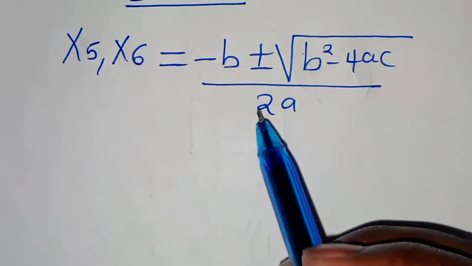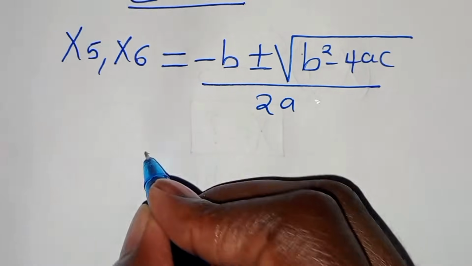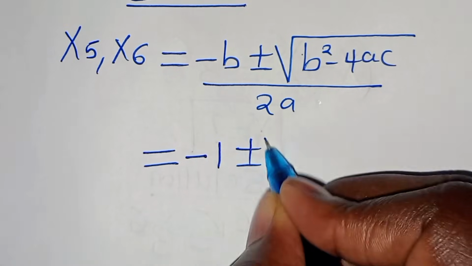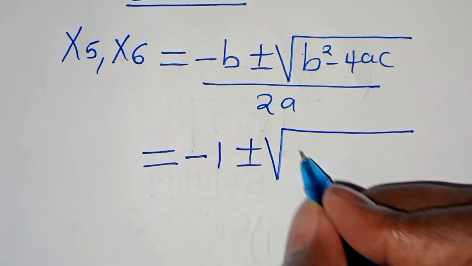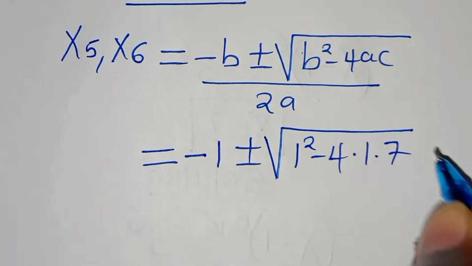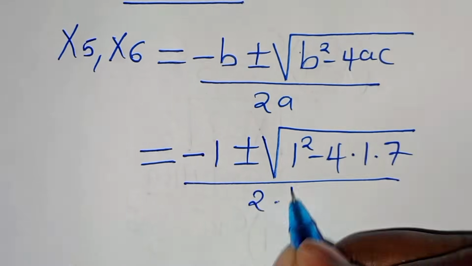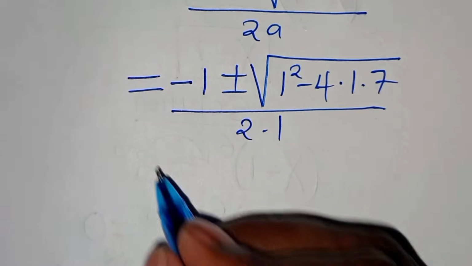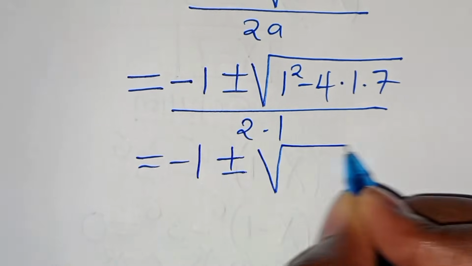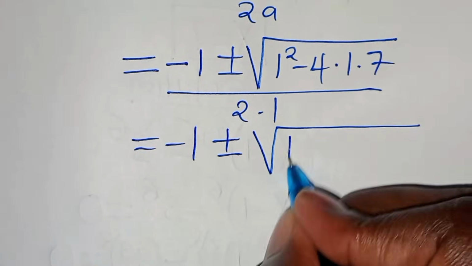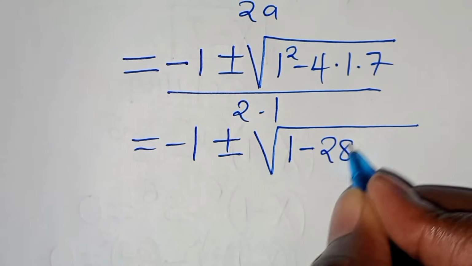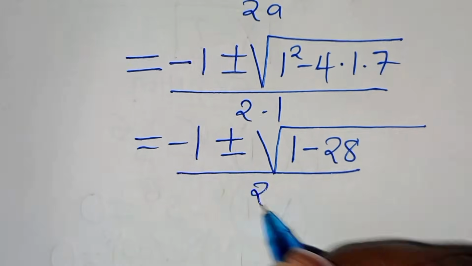Substituting the values of a, b, and c, we have negative 1 plus or minus the square root of 1 squared minus 4 times 1 times 7, divided by 2 times 1. Now this means negative 1 plus or minus the square root of 1 minus 4 times 7, this is 28, then divided by 2.